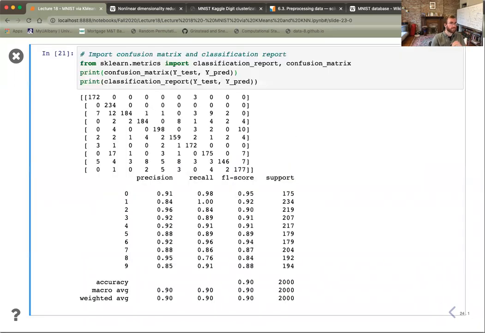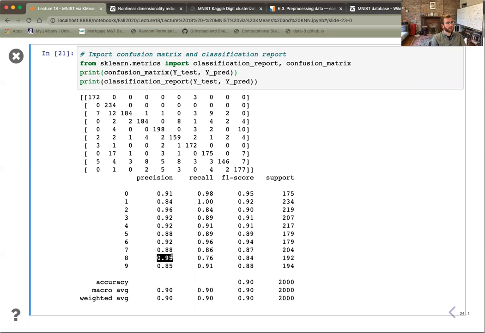So let's look at the confusion matrix. This gives you an indication of which digits tended to be classified or misclassified in our test data set. Remember, we had 2,000 digits in our test data set. You can see that it seemed to do best at predicting zeros. Our twos were even better.